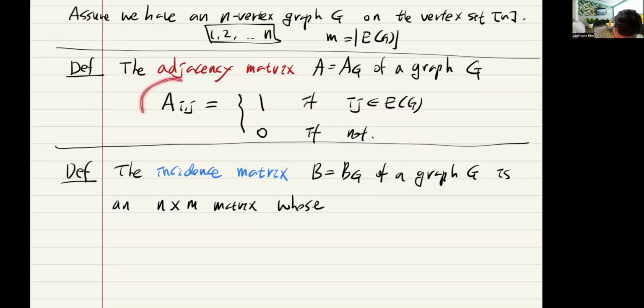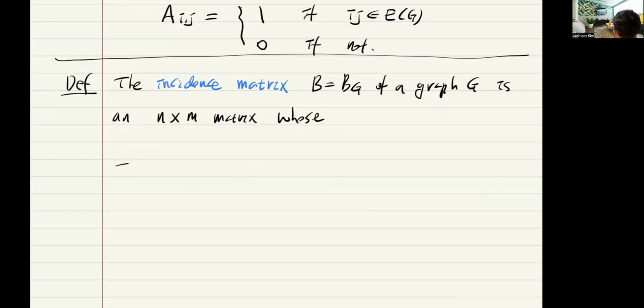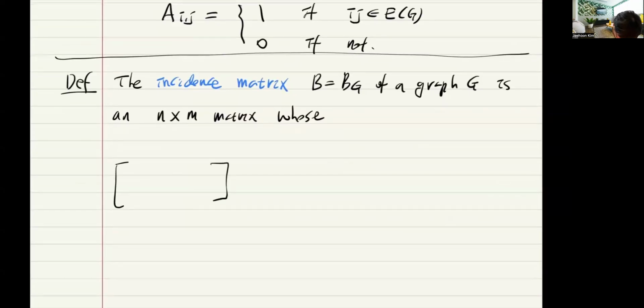Here the rows correspond to the vertices, as in the adjacency matrix, but now you have vertices here and edges here, in some ordering.